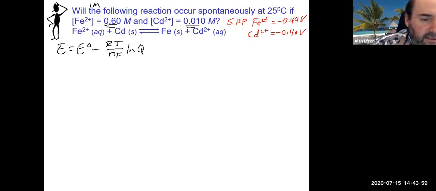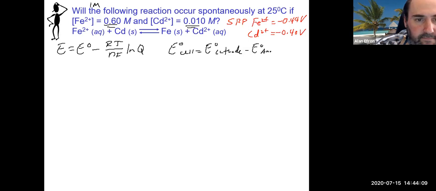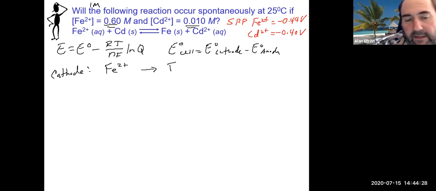So we need to figure out a couple of things. We need E of the cell, which is our cathode minus our anode. In this particular case, our cathode is going to be the iron 2, because when we look at the overall reaction, it's going from +2 to 0, which means it has gained 2 electrons.